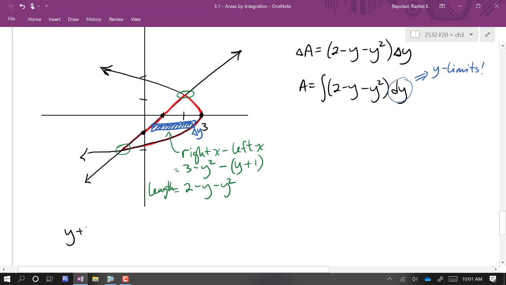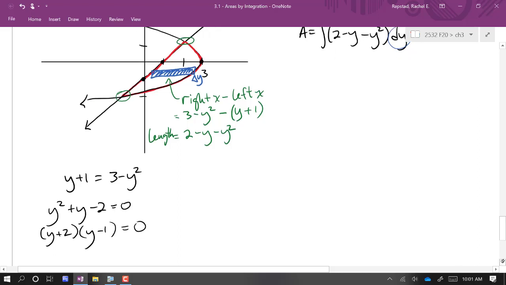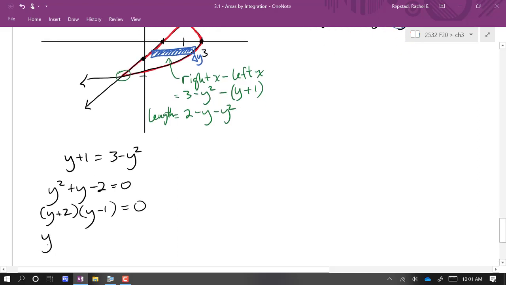So y plus 1, that's the line, is equal to 3 minus y squared. Gathering all of my terms on one side, y squared plus y minus 2 is equal to 0. This will factor. Plus 2, minus 1, and we get y equals negative 2 and y equals positive 1.